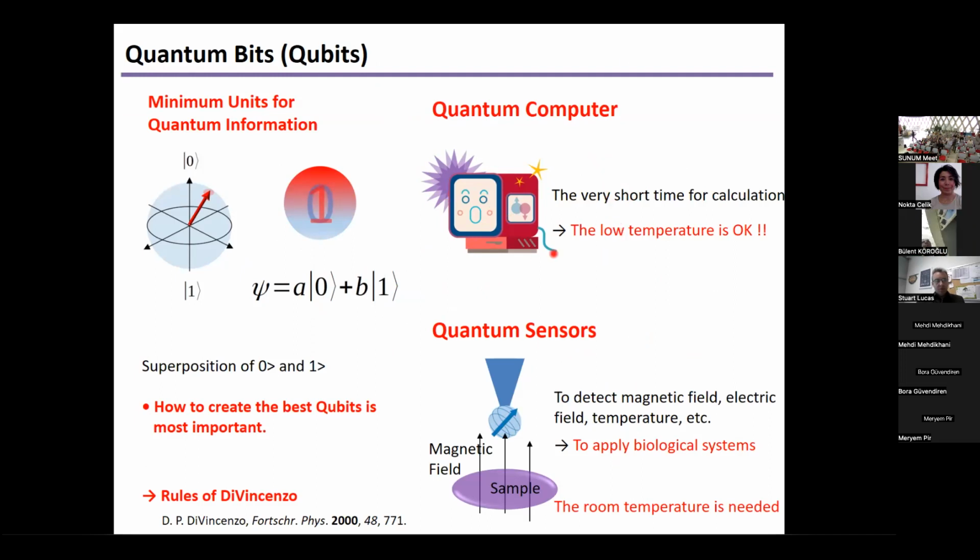Low temperature is okay because the first IBM quantum computer is put into liquid helium, but more recently quantum bits are available for quantum sensors. To apply to biological systems, room temperature is needed. For this purpose, room temperature is very important.